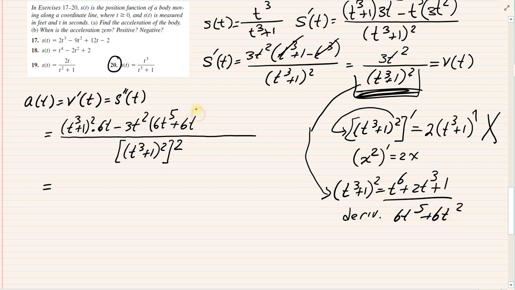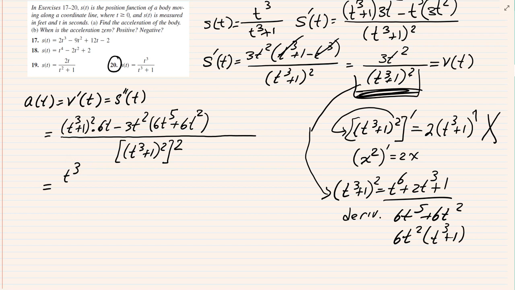Good thing I caught myself. Now I can factor 6t squared from this derivative, and that makes it t cubed plus 1. Now, once that's t cubed plus 1, then I can factor the expression.